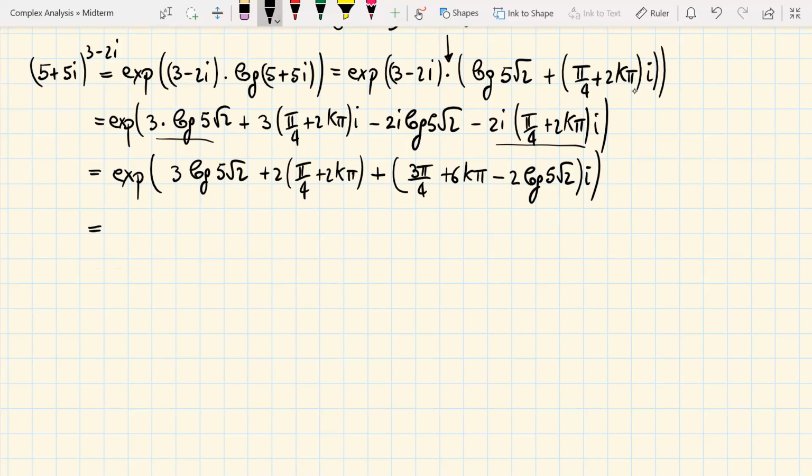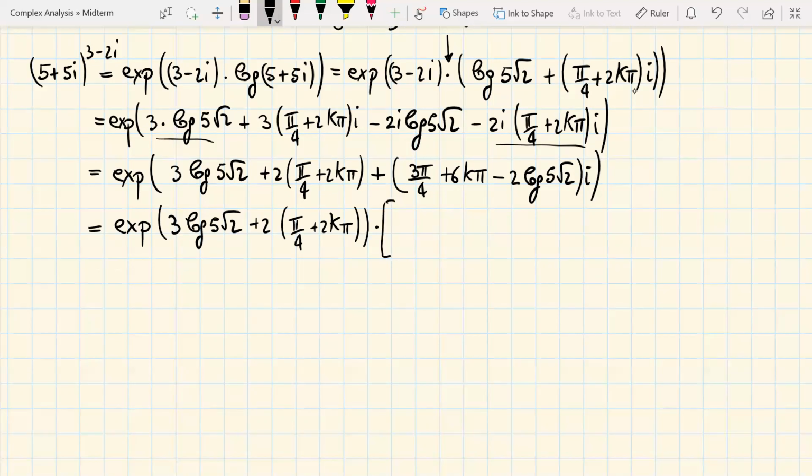So we have the exponential of the real part times the exponential of the imaginary part, which we can write as cosine of (3π over 4 plus 6kπ minus 2 logarithm 5 square root of 2) plus i sine of the same thing.